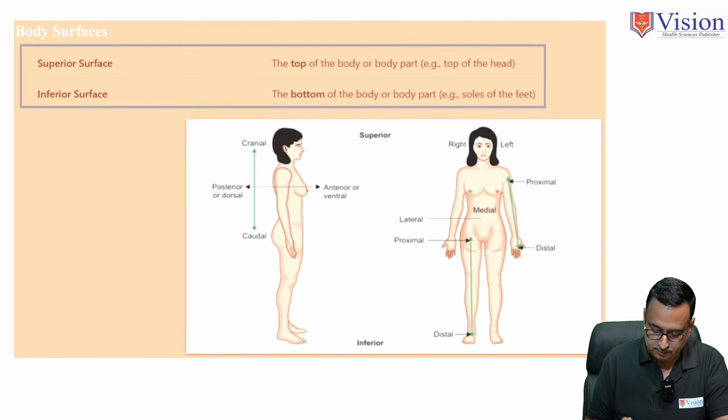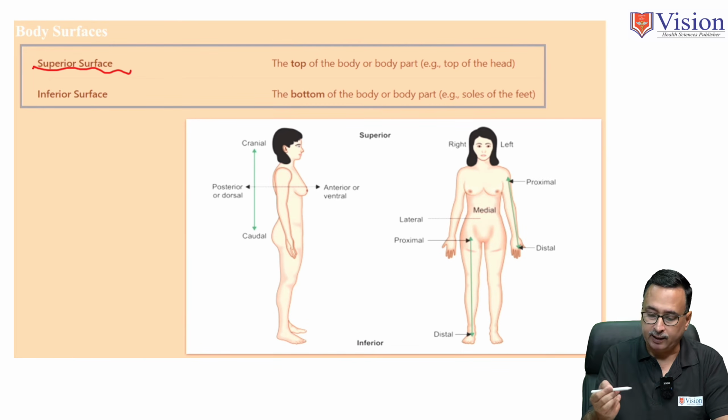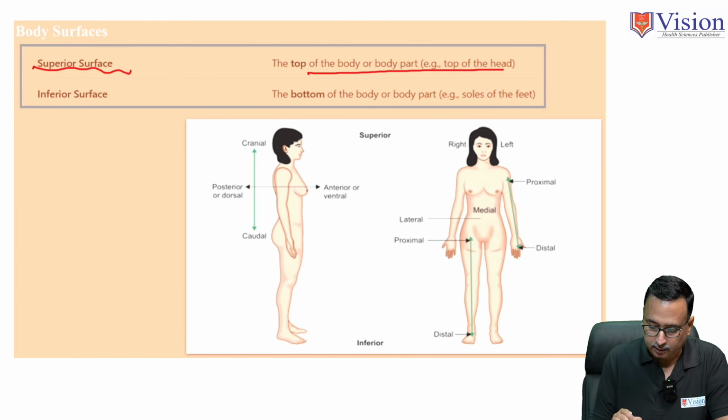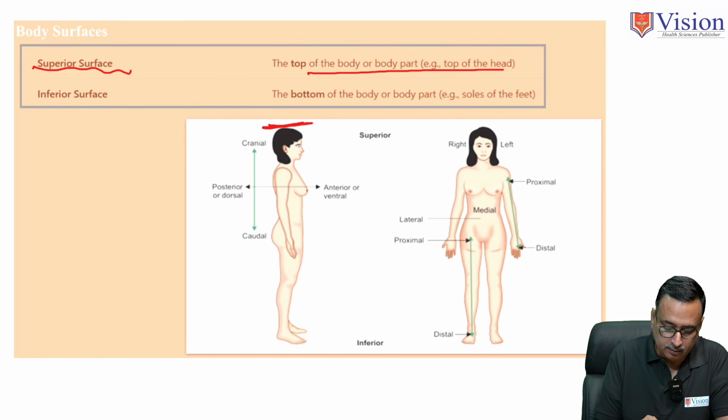Another surface is the superior surface. Superior surface of body refers to the surface towards head. Like this is the superior surface of head. And in this example, I can quote a relationship between head and neck.